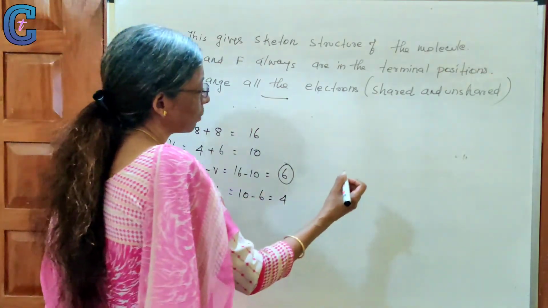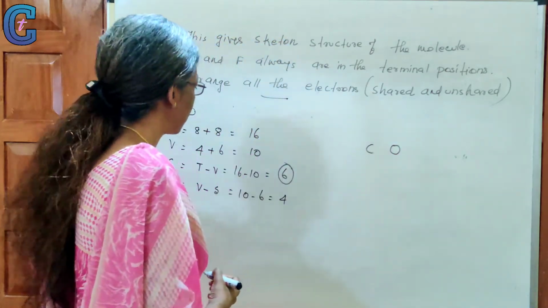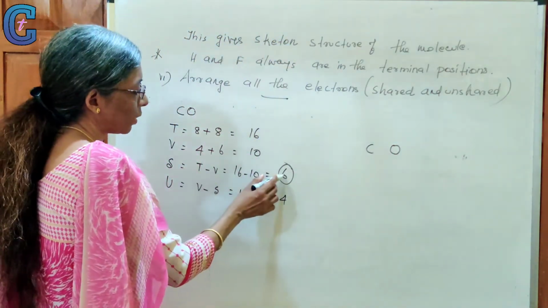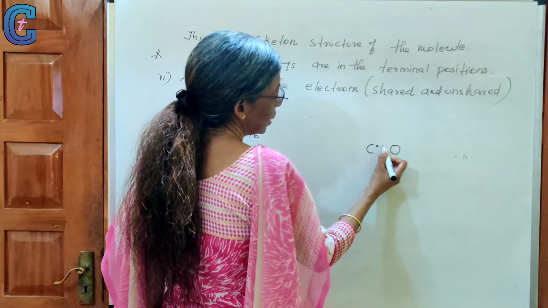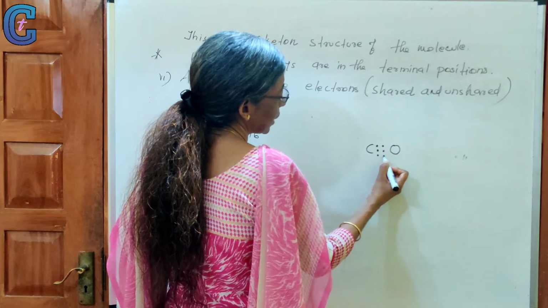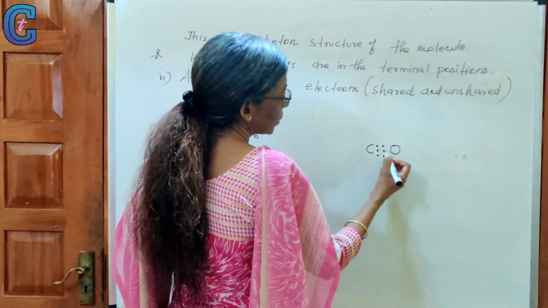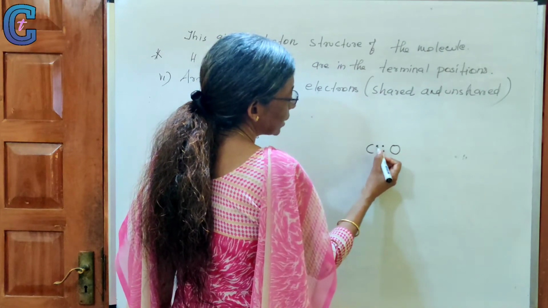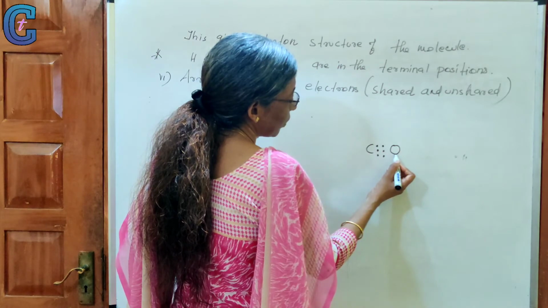So we write carbon monoxide, carbon here, oxygen here. How many shared electrons are there? 6 electrons. Then how many unshared electrons are there? 4. You see here 6 only, so you have to complete the octet configuration for oxygen.